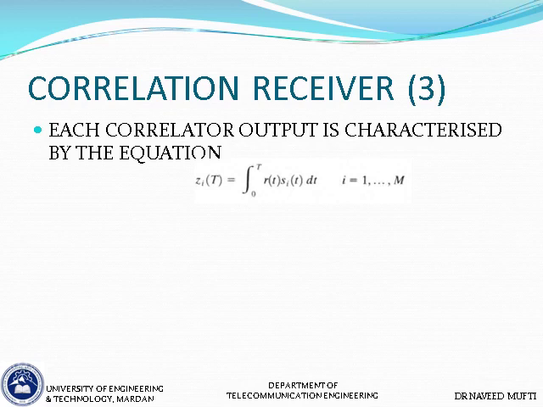As you can see, the i keeps changing, so r(t) is correlated with every prototype waveform, so there is an answer to every one of these equations, and in the end we have a few values to compare. The decision rule is that we will choose the waveform s_i(t) that matches best, in simple words, the one which has the highest correlation with r(t), or the one whose index corresponds to the maximum value of z_i(t).